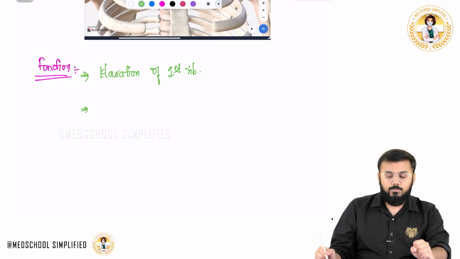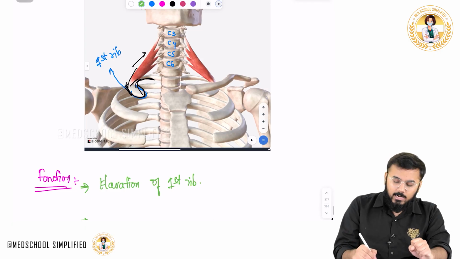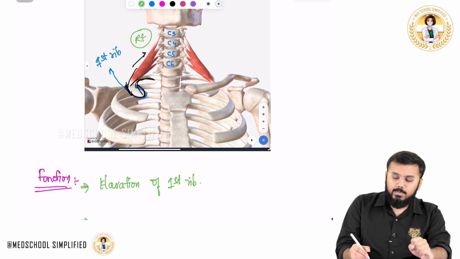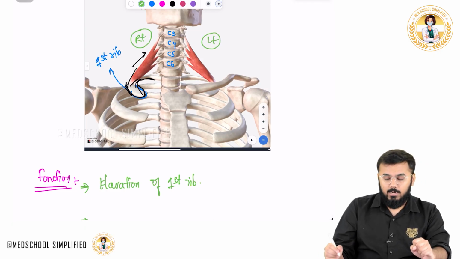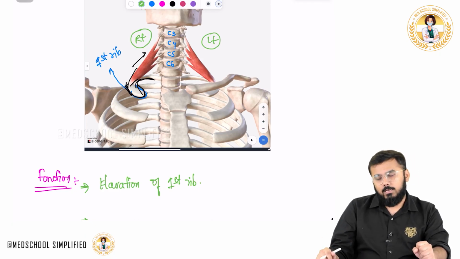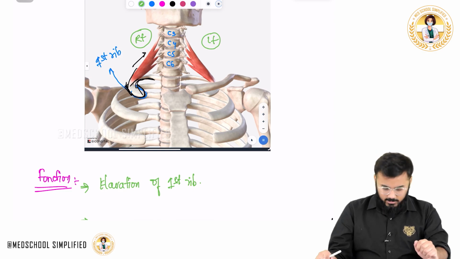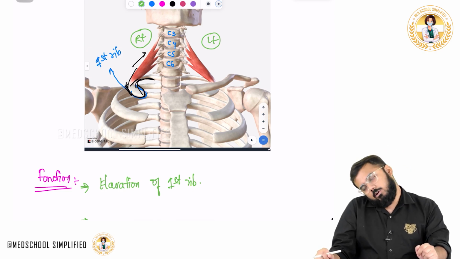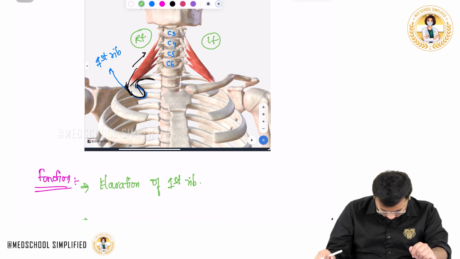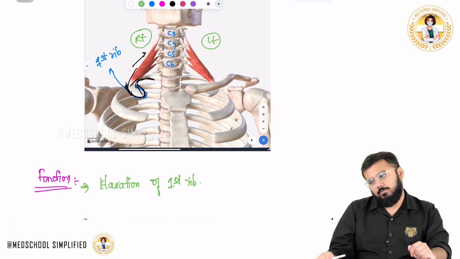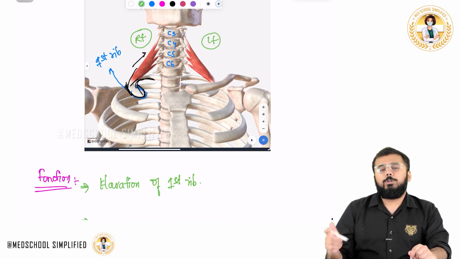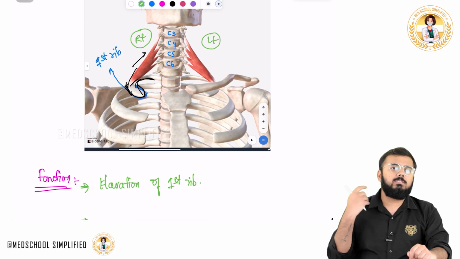Not only elevation of your first rib. This is the right anterior scalene, this is the left anterior scalene. If the right anterior scalene is contracted, then there will be right side flexion of my neck. This is called lateral flexion, as opposed to anterior flexion. If I am doing right lateral flexion, the right side scalene muscle is contracted.